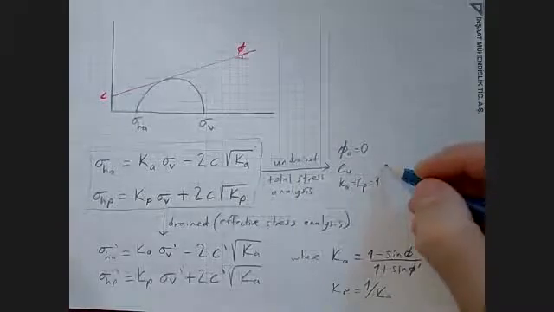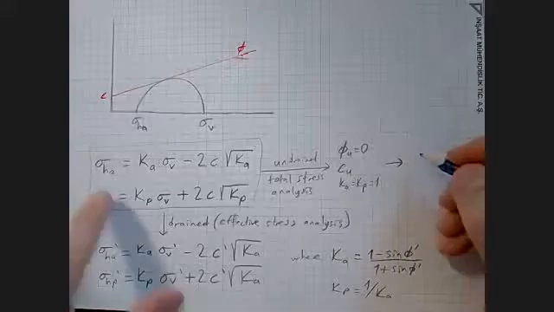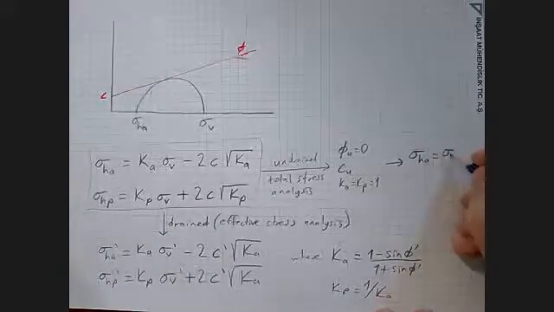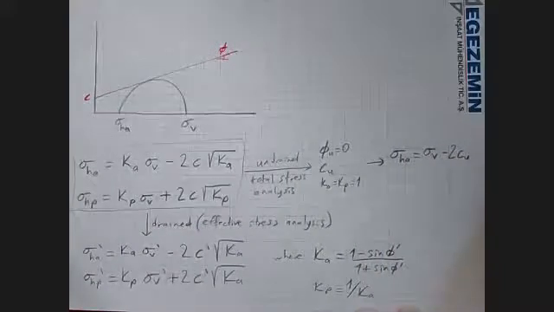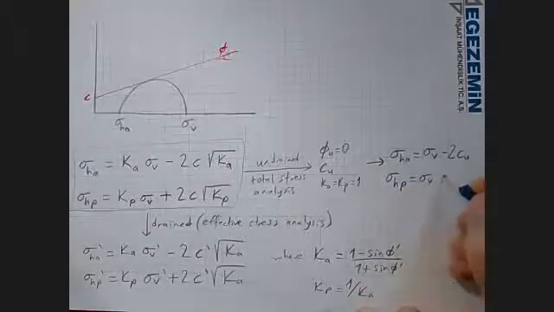And then what you get simply is sigma HA is sigma vertical minus 2Cu. Sigma HP becomes sigma vertical plus 2Cu.